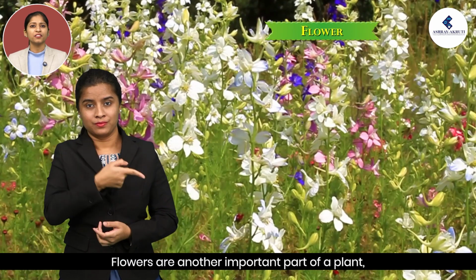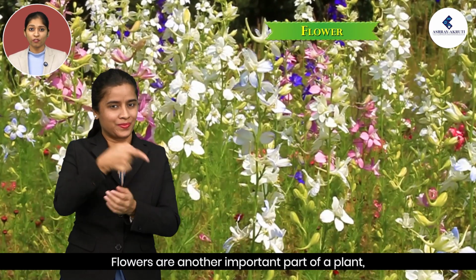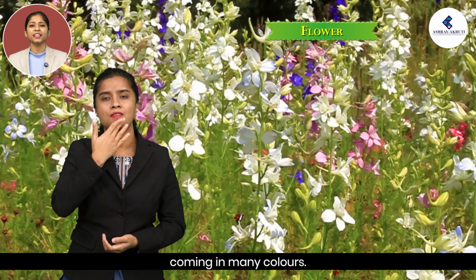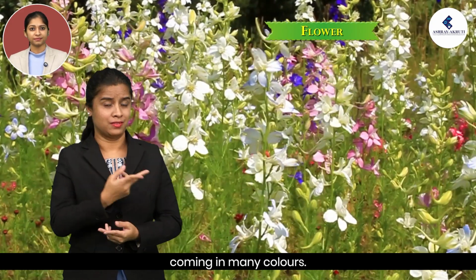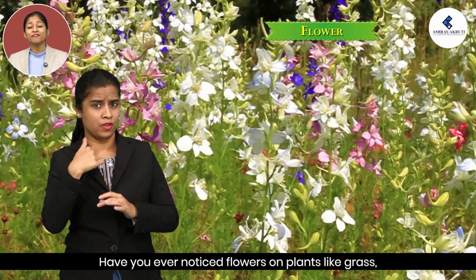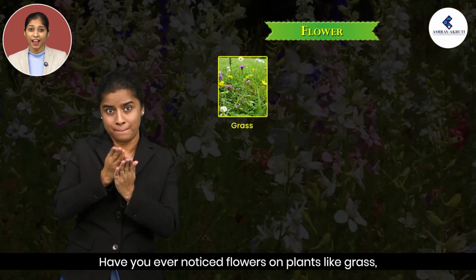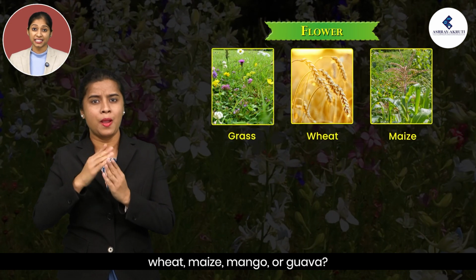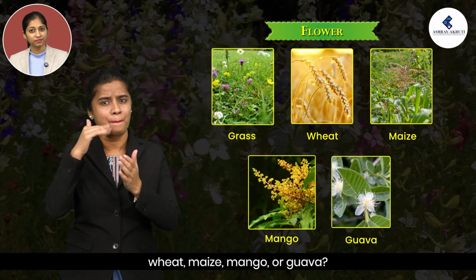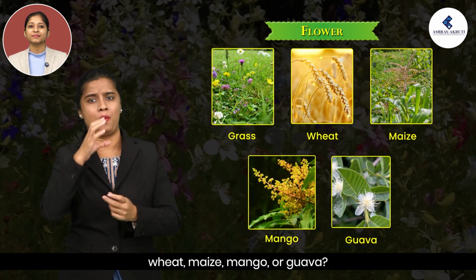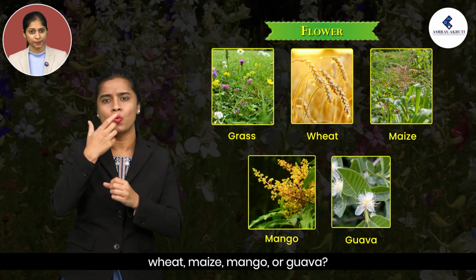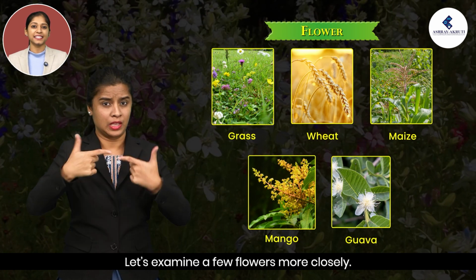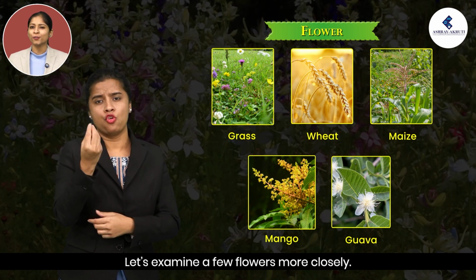Flower. Flowers are another important part of a plant, coming in many colors. Have you ever noticed flowers on plants like grass, wheat, maize, mango or guava? Let's examine a few flowers more closely.